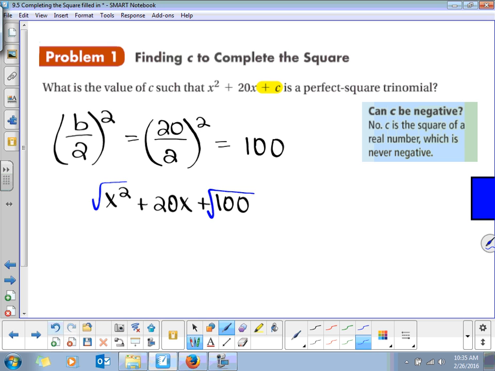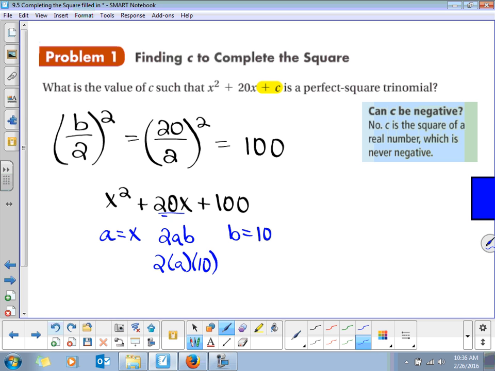So a is equal to x and b is equal to 10. So 2 times a times b is 2 times x times 10, which is 20x. So we do have a perfect square trinomial.